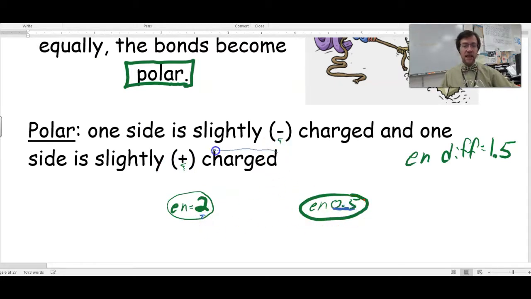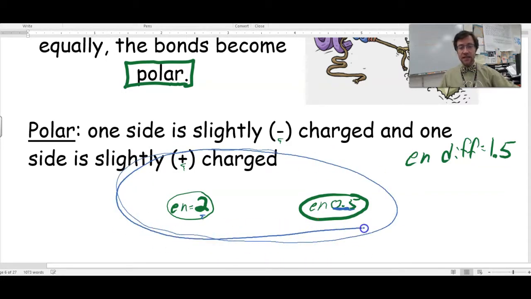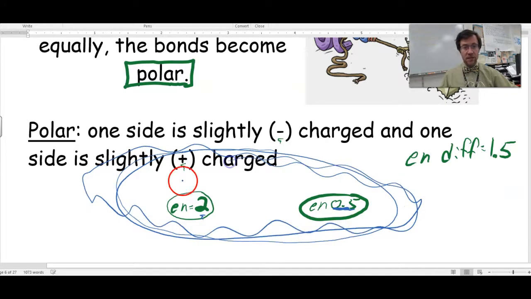What that means is when the clouds come together, if they were shared perfectly, the clouds would just be like this. The electrons would be all over the place, right? Problem is that is not the case. This is not what happens. It does not make a nice geometric blob.